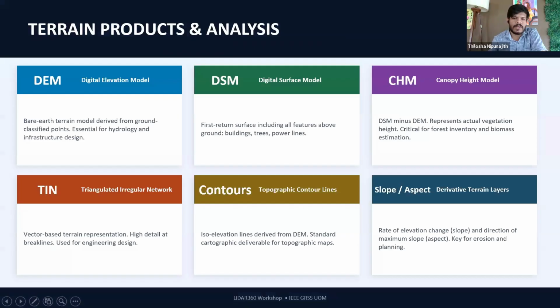These are some of the terrain products that we're going to derive. But today's exercise will focus on generating a segmentation report, and I think in our practical demonstration, we'll cover that.